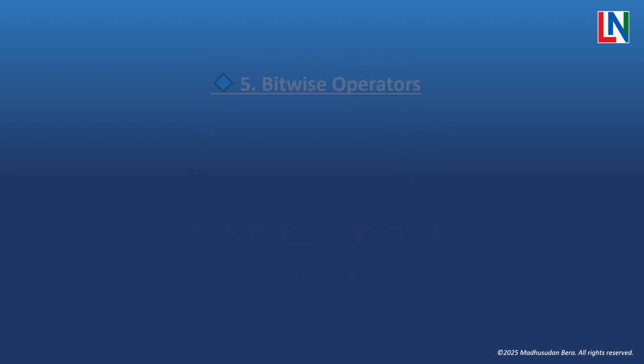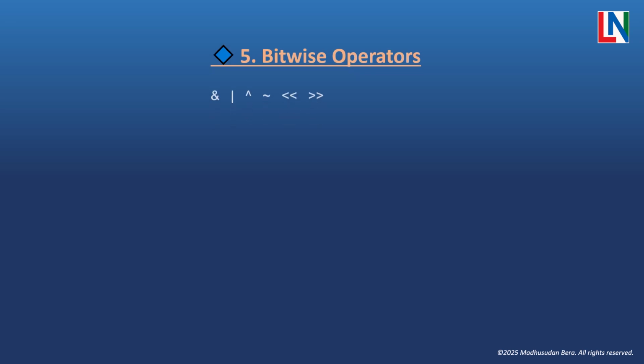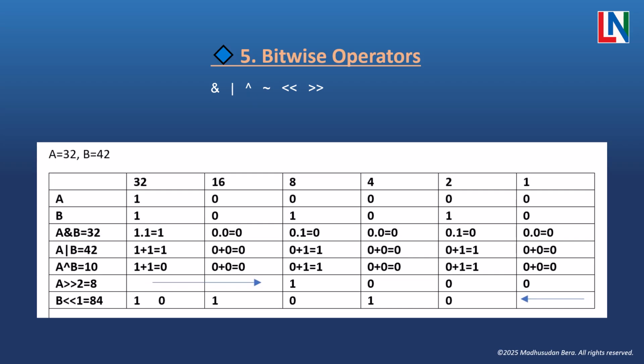Now we have to know about bitwise operators: bitwise and, bitwise or, XOR, complement, left shift, right shift. Here are some examples. If a equals 32, then in binary it is 100000, and b equals 42, in binary 101010.